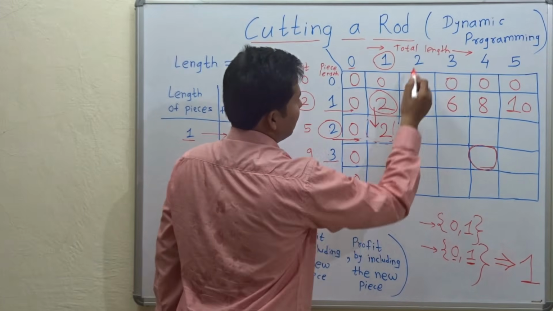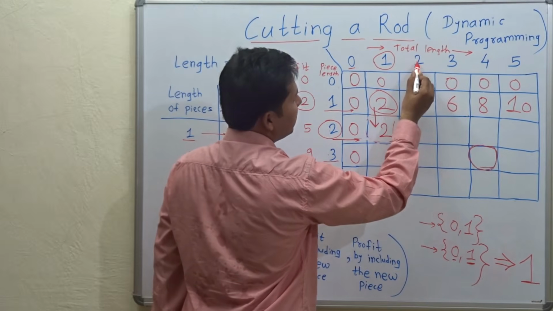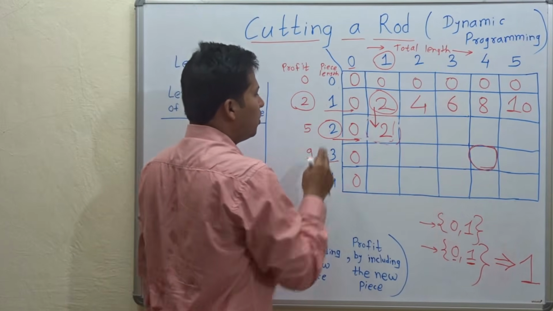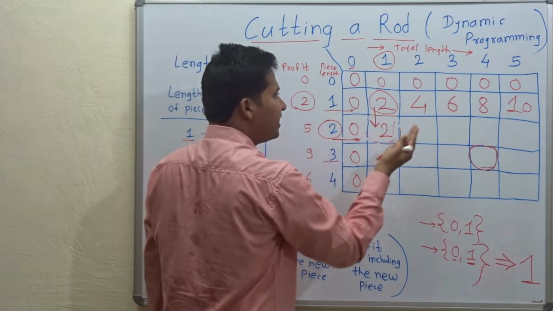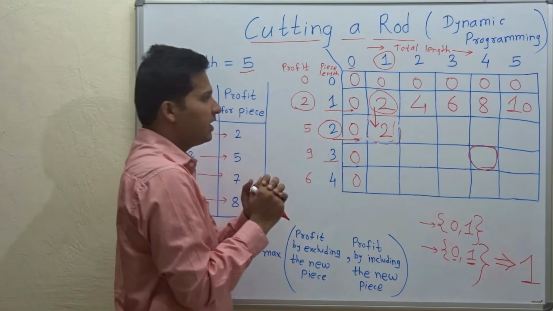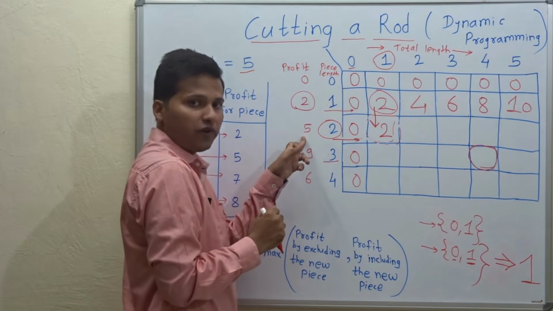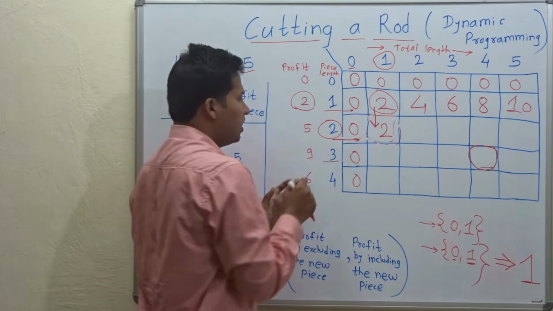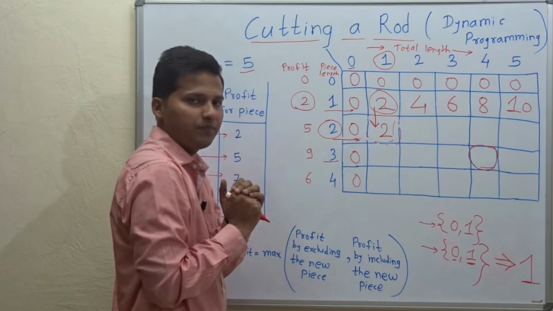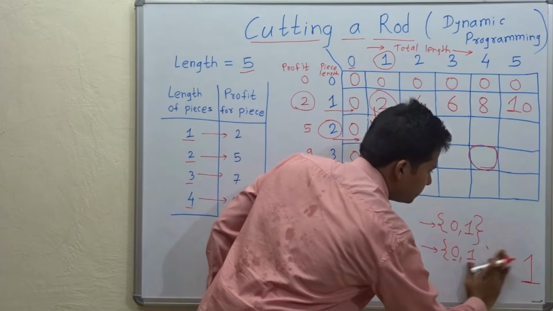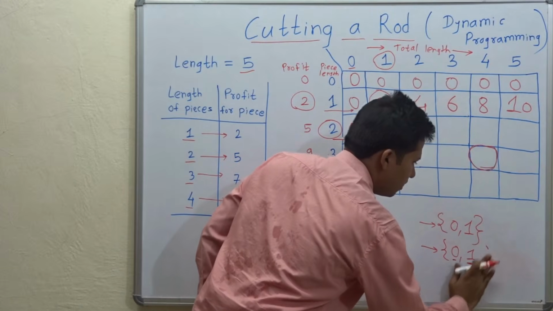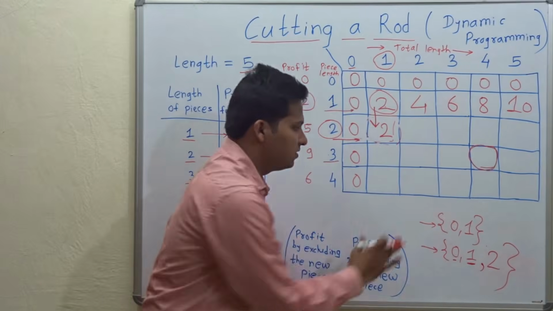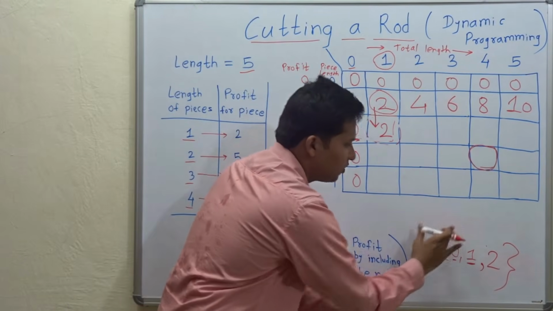So now see, how can you make a total length of 2 by using a piece of length 2? Obviously, if you include that piece, then you can get a profit of 5. And if you exclude that piece, means if you don't use that piece, see, 0, 1, 2, this is the new piece now. This is our problem.